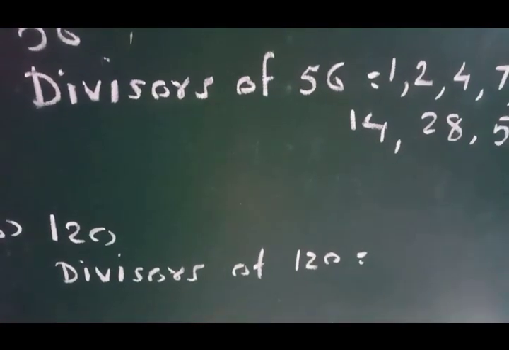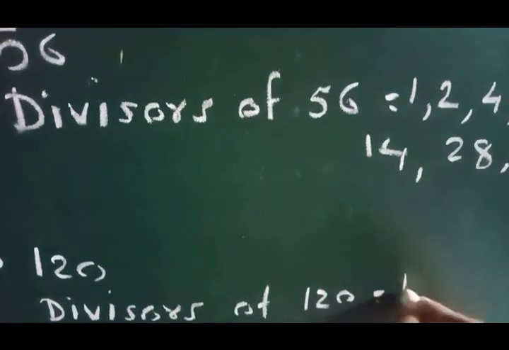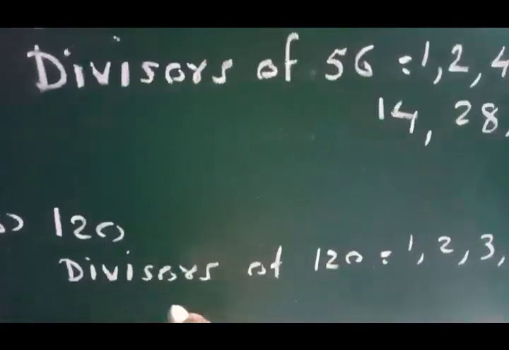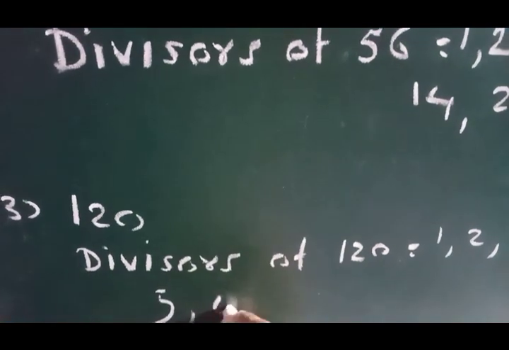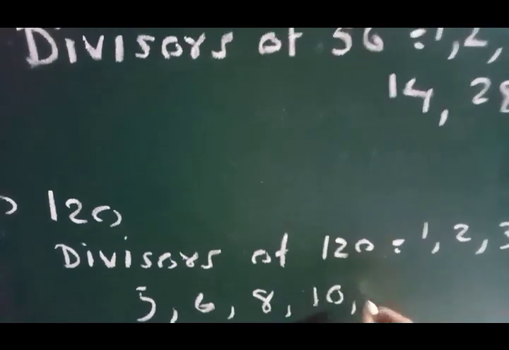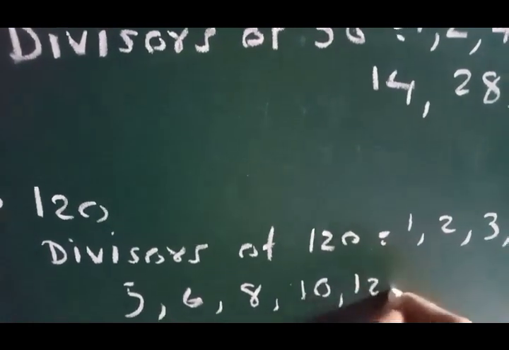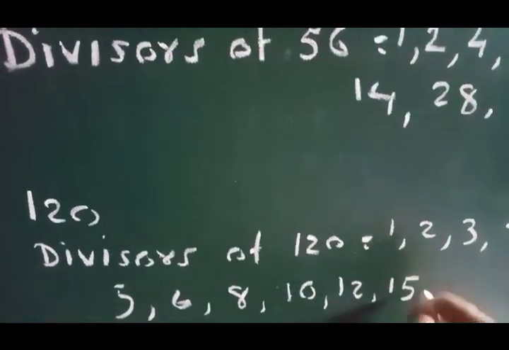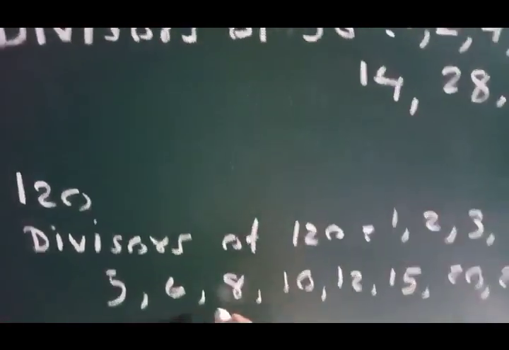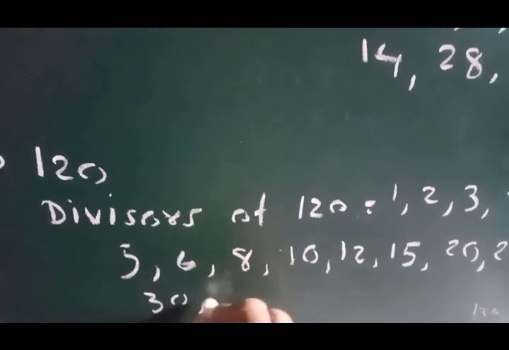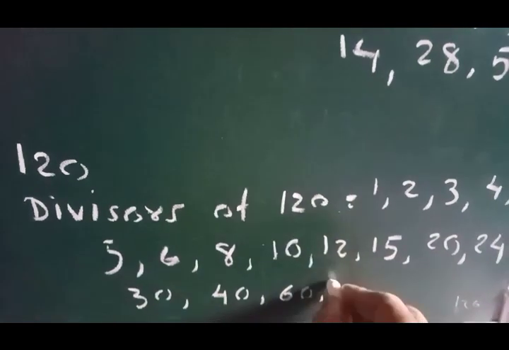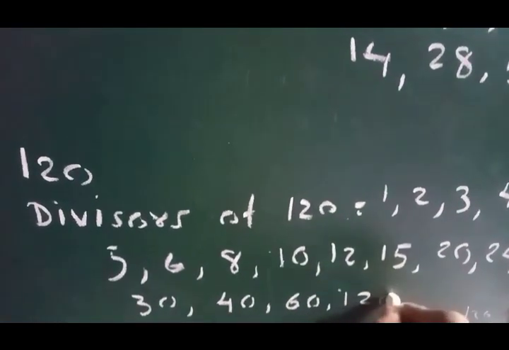Then divisors of 120: first 1, then 2, 3, 4, 5, 6, 8, 10, 12, 15, 20, 24, 30, 40, 60 and last 120.